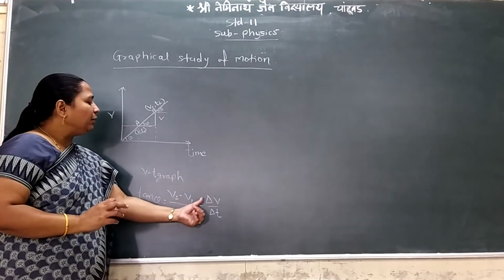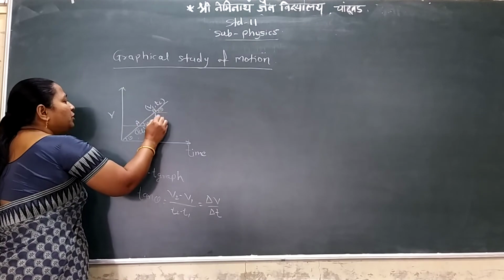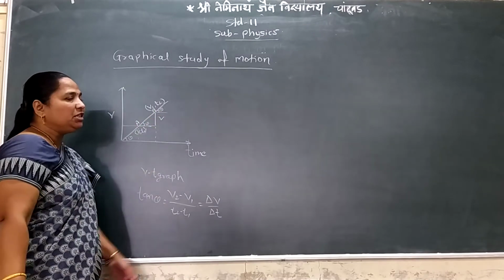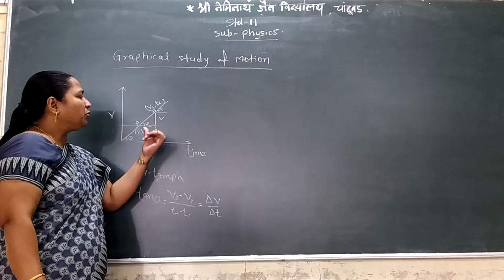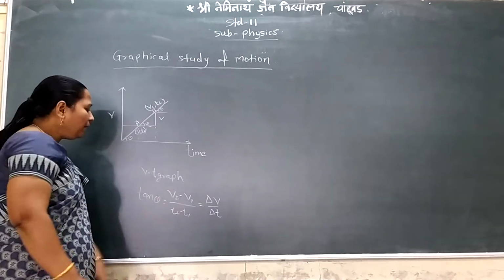Tan theta is equal to delta v upon delta t, and the rate of change of velocity, meaning change in velocity with respect to time, is known as acceleration.